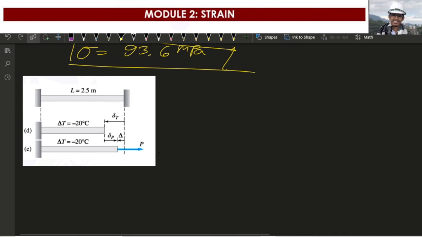Okay, so nag-move yung wall natin. So for compatibility, that will be deformation due to temperature is equal to deformation due to actual load P plus yung delta natin, which is yung 0.5 mm. Tama?